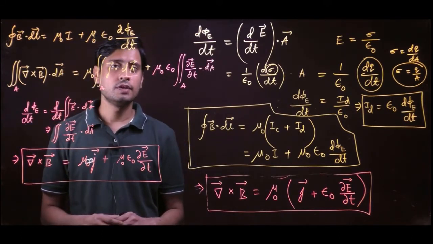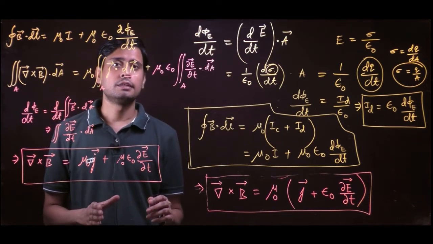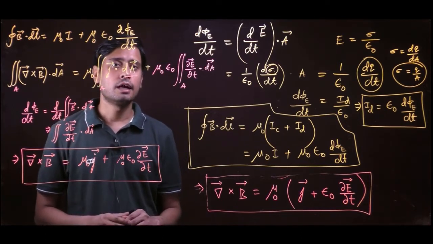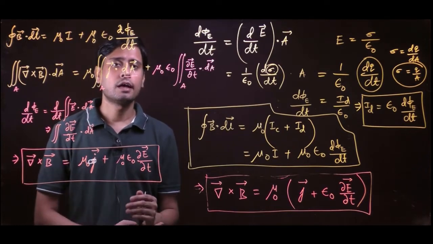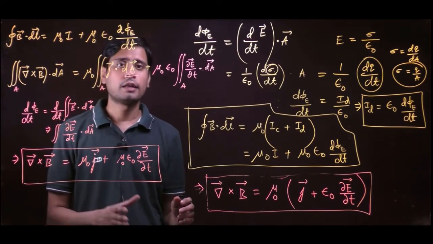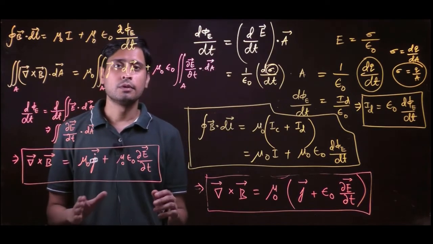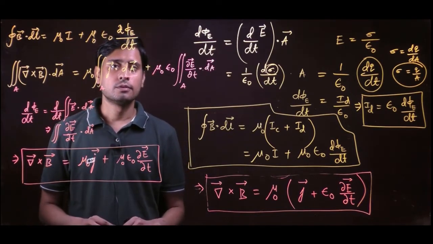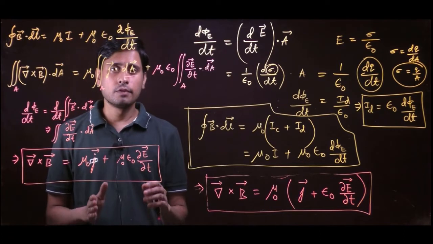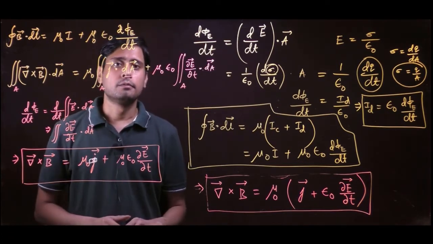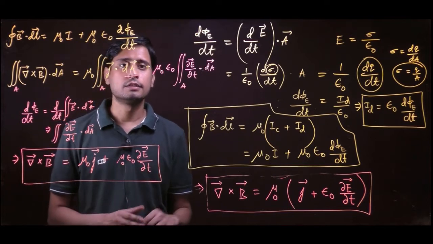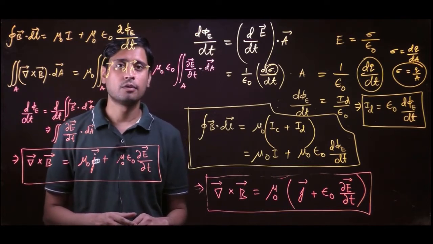For that we will need to understand how we can derive the electromagnetic wave equations from Maxwell's laws. So our next step will be how to write electromagnetic equations from Maxwell's law.